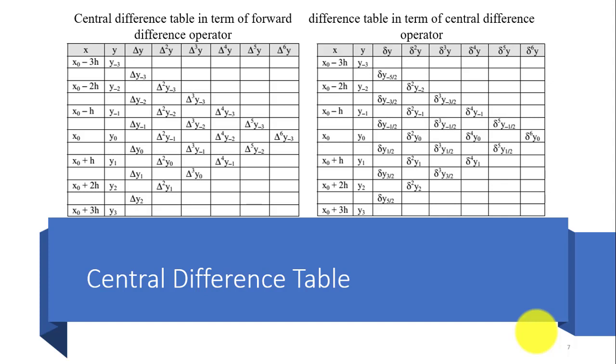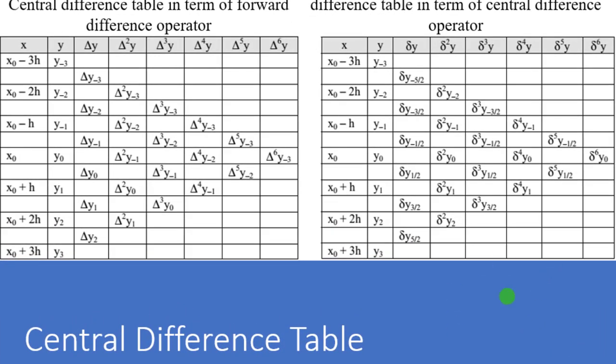So actually the values of the difference table will remain the same, but the position with respect to the forward difference operator and with respect to the central difference operator will be different. So we can use both of them. Mostly the forward difference operator is used in the Gauss's backward interpolation formula. In some books the central difference operator can also be utilized.